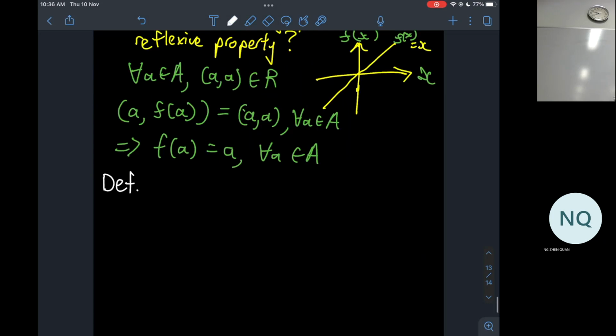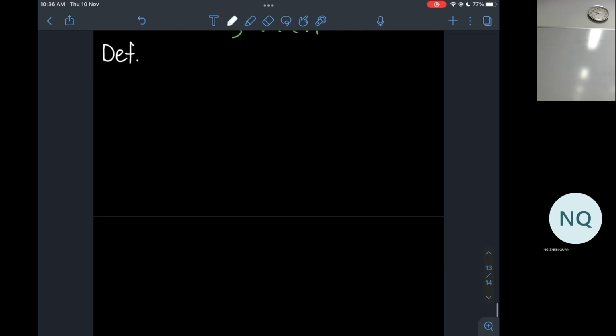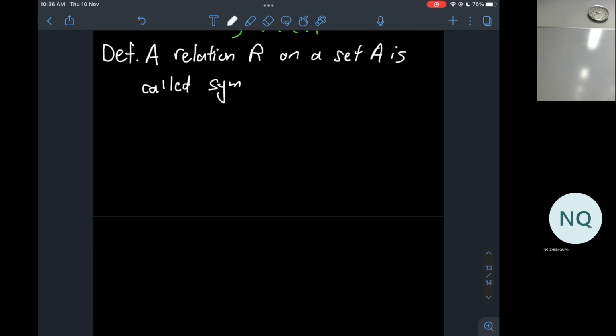After you deal with yourself, you need to deal with the others. You need to deal with another person. So a relation on the set A is called symmetric. We come back to symmetry again.